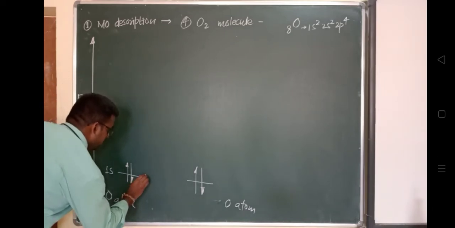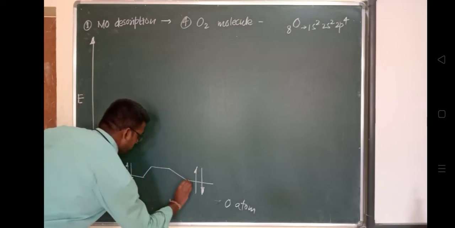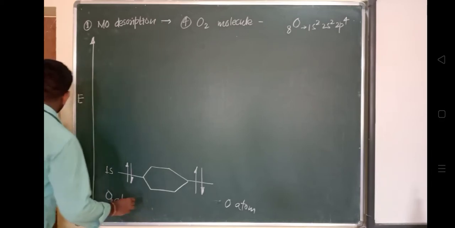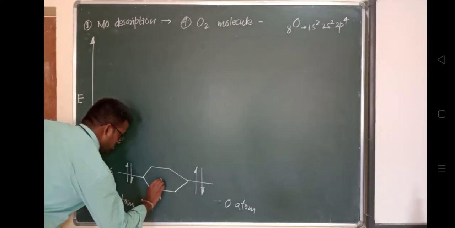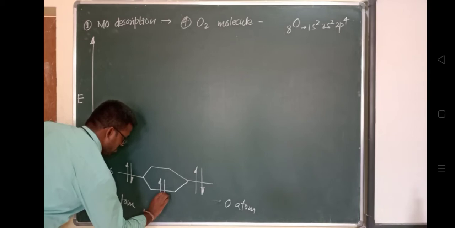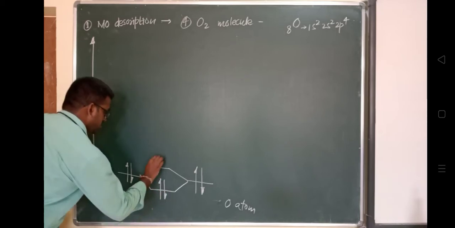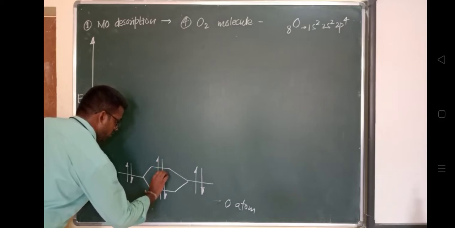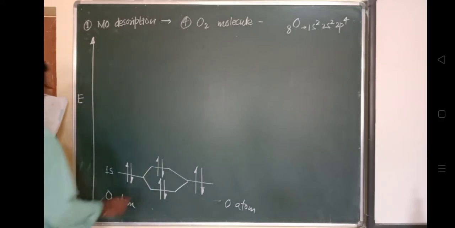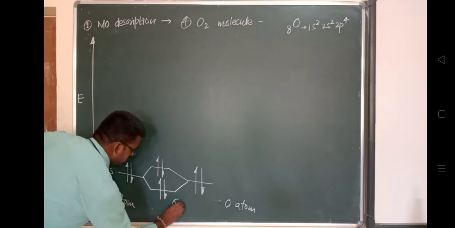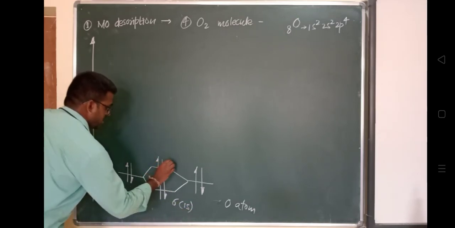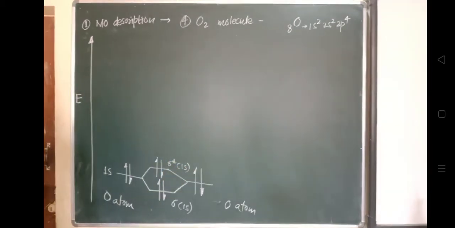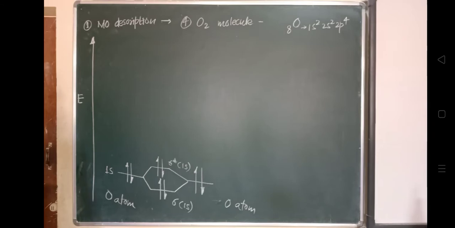When they get combined, they form the 1s bonding molecular orbital, and this one is the anti-bonding molecular orbital. The bonding orbital is represented by sigma 1s, and this is sigma star 1s, the anti-bonding molecular orbital. So this is for the 1s orbital.